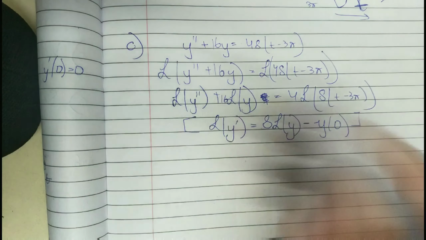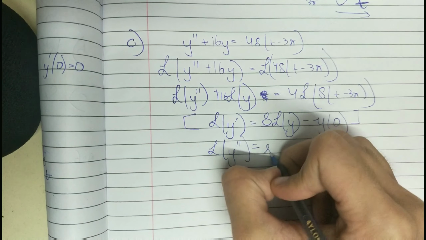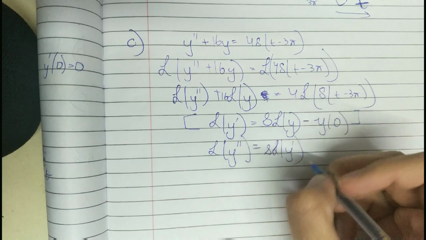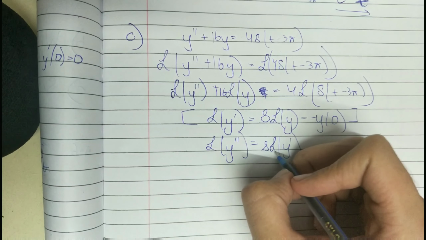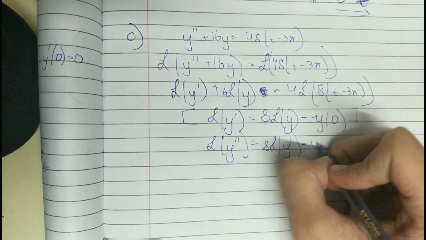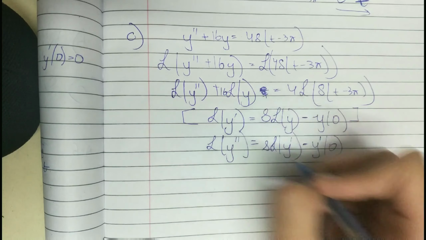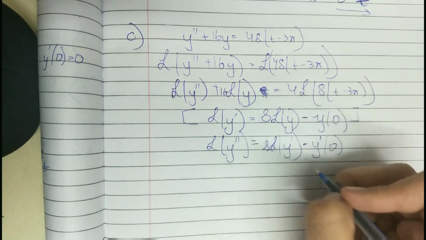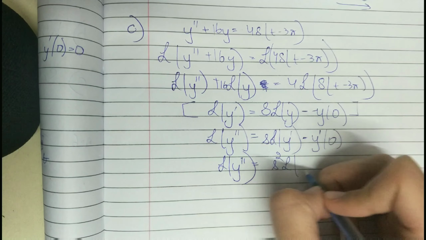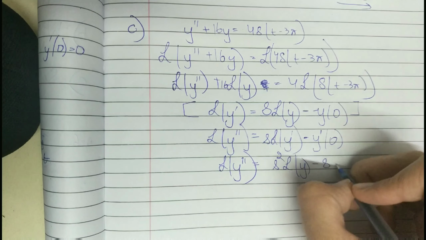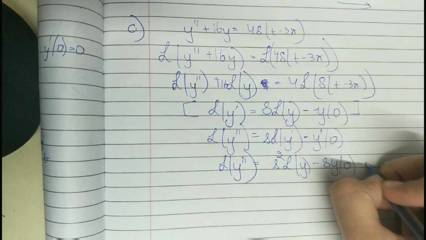So using this identity, if we try to find the Laplace transform of y double derivative, it would be s times the Laplace transform of y derivative minus the value of y derivative at 0, and substituting the value of the Laplace transform of y derivative, we get that the Laplace transform of y double derivative becomes s square Laplace of y minus s times the value of y at 0 minus the value of y derivative at 0.